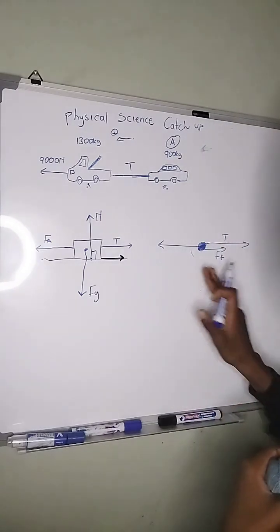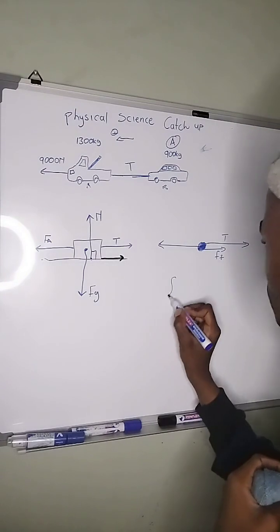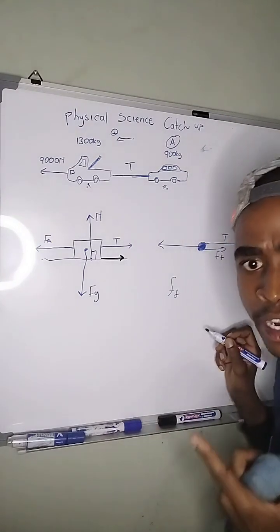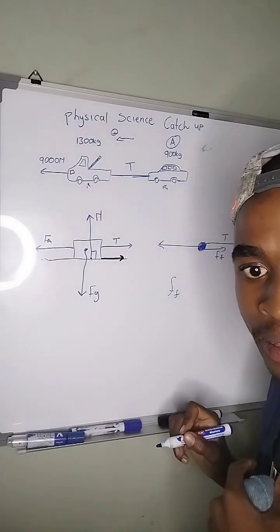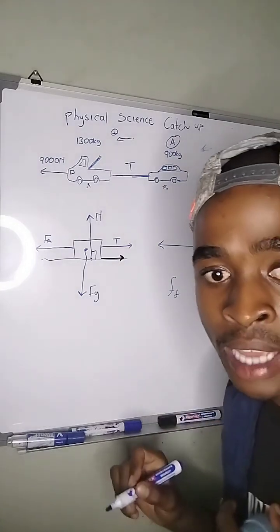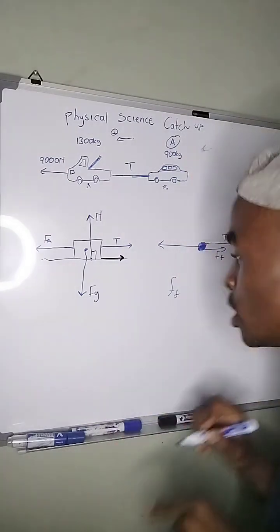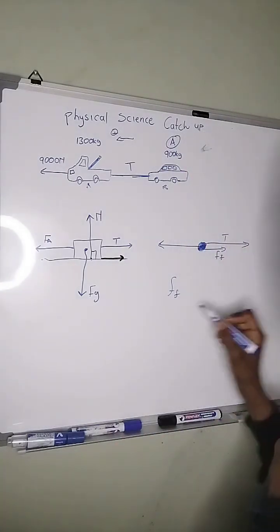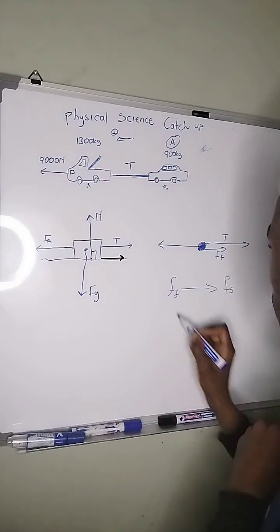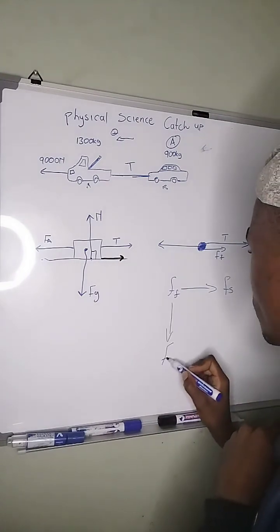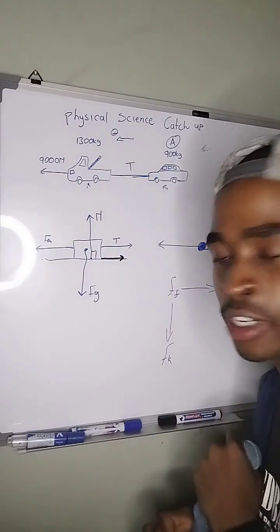So the difference between the friction, this is friction, it's normal friction. No, I'm going to come to components. So let me explain the friction. We have the static friction, and we have FK, which is the kinetic friction.